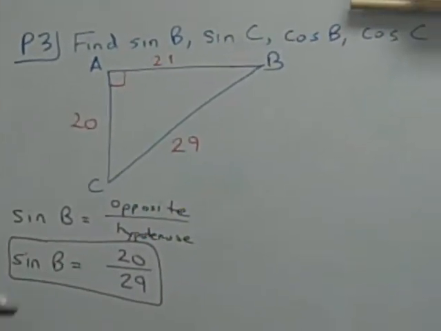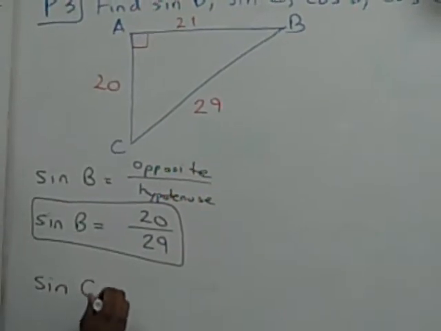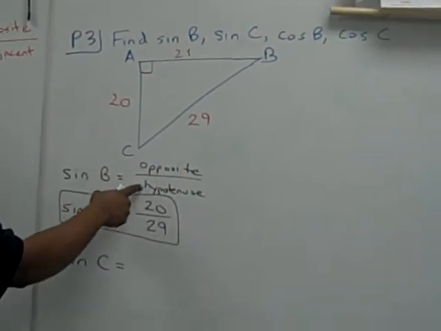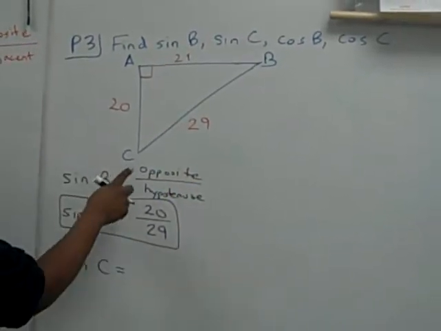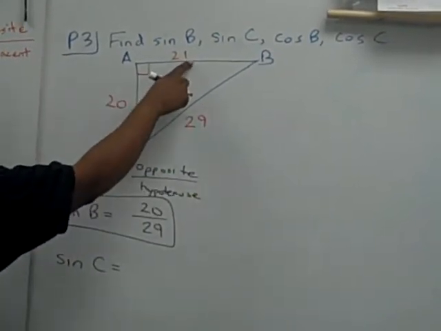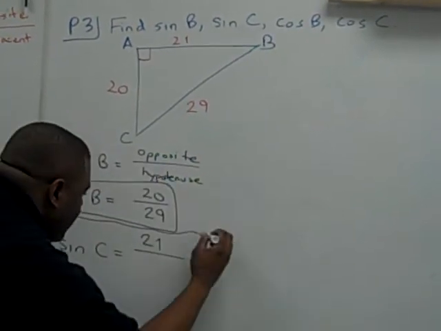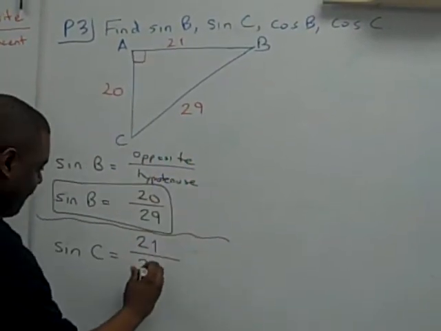Okay? Now let's do sine of angle C. Once again, it's opposite over hypotenuse. So for angle C, the opposite side is 21, and the hypotenuse, again, is 29.